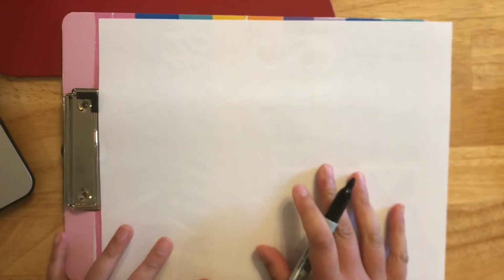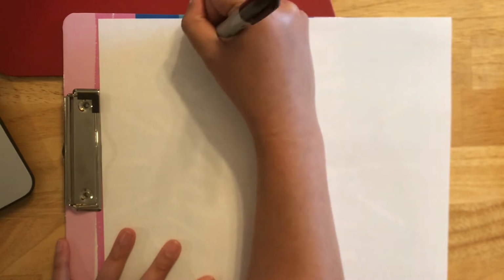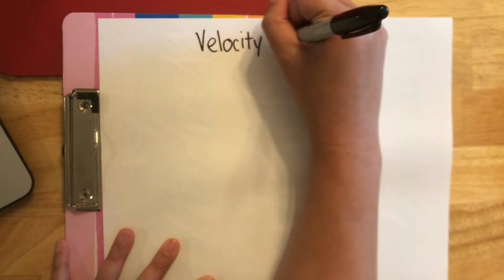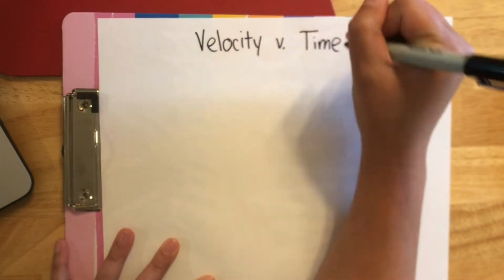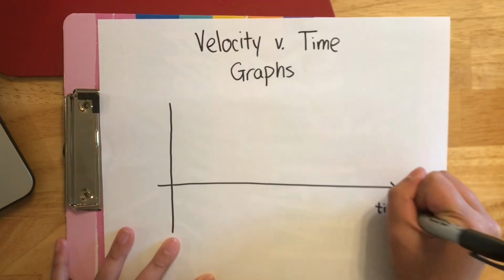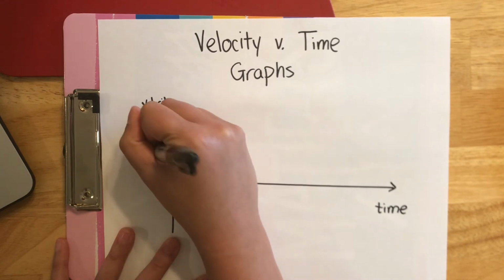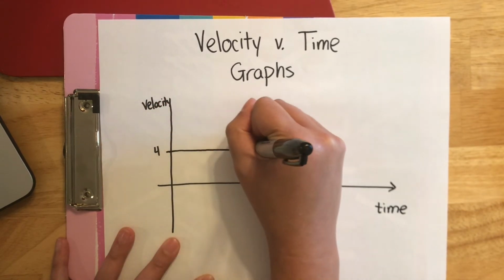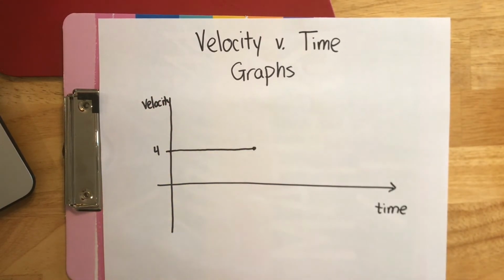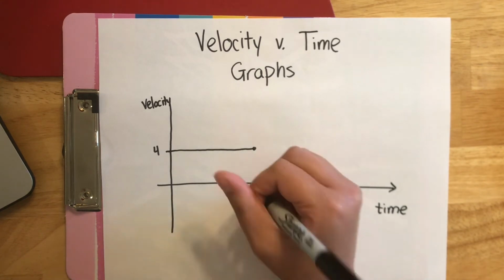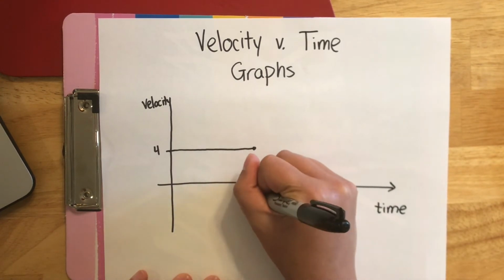Now let's add on to our model. Let's say I have a velocity versus time graph that has several segments to it. In this graph, we've got velocity versus time. This object starts at 4 meters per second and it travels at that velocity forward for 5 seconds.